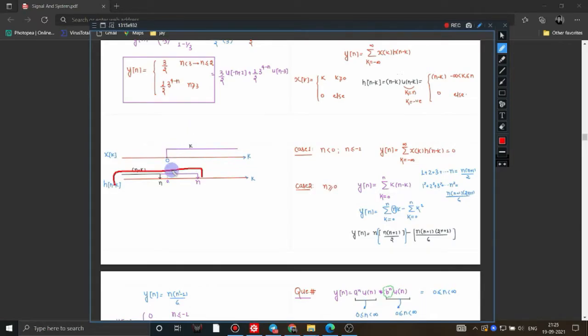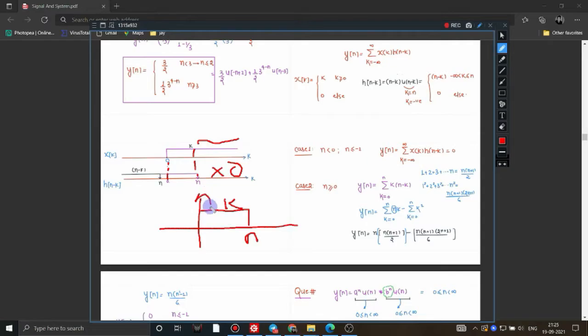If we multiply both graphs, we get a common area if we match the common point, which is 0. This graph here will be multiplied by 0, so it will be removed. So the resultant graph is like this, from 0 to n, and the value is k.